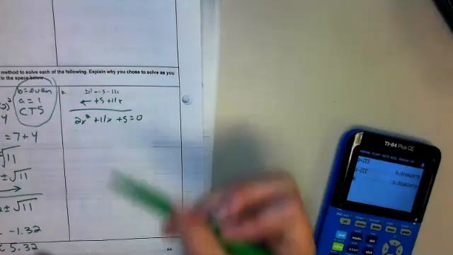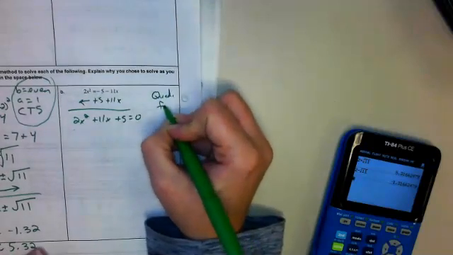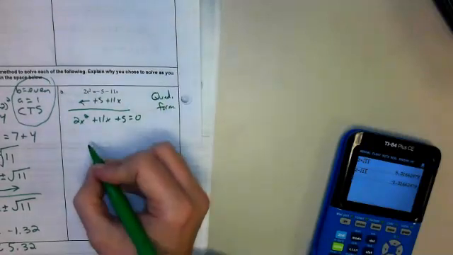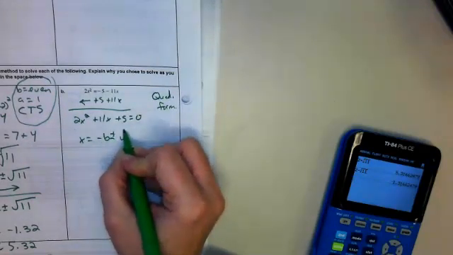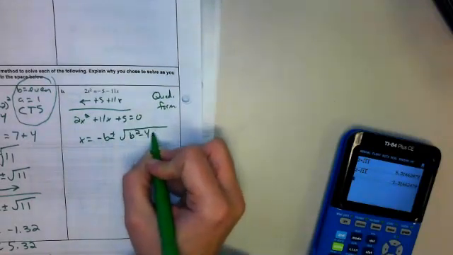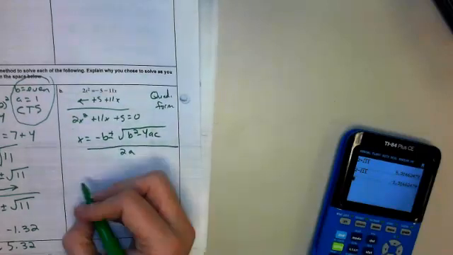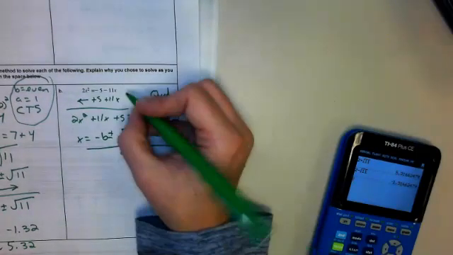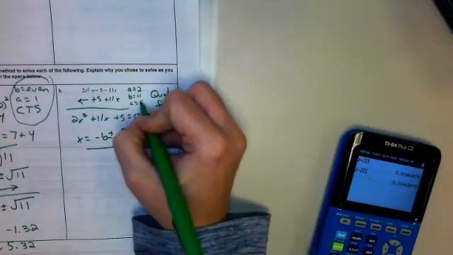It looks like I'm going to use the quadratic formula. And you guys should have that memorized by now, I would hope. X equals negative b plus or minus the square root of b squared minus 4ac all over 2 times a. If you want to write your a, b, and c, you're welcome to. A equals 2, b equals 11, c equals 5.